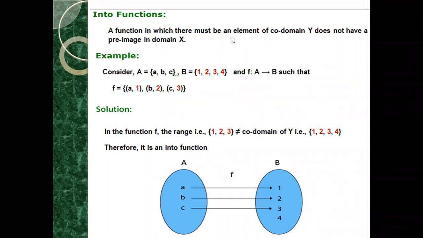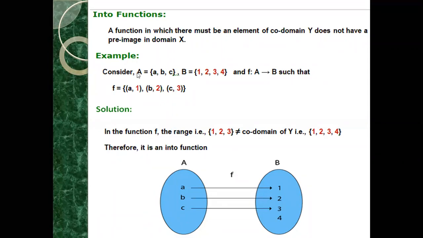If an element of the codomain does not have a pre-image in the domain, then that function is called an into function.